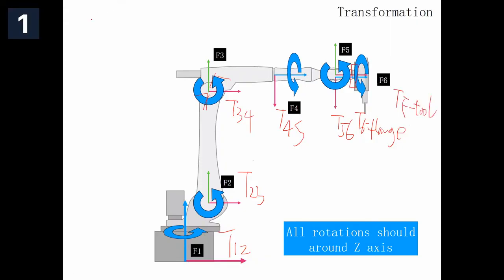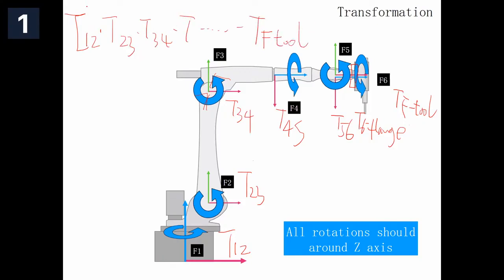So we can multiply them together: T1,2 multiply T2,3 multiply T3,4, up to T flange to tool.